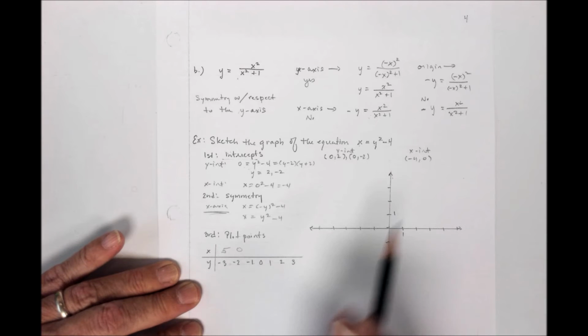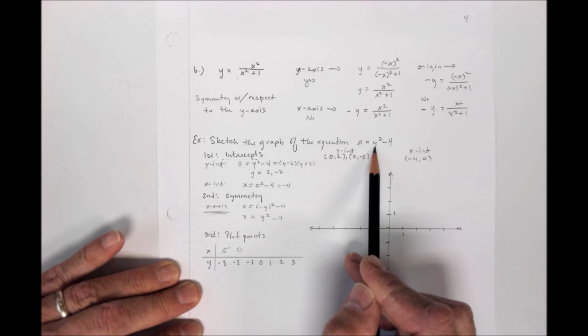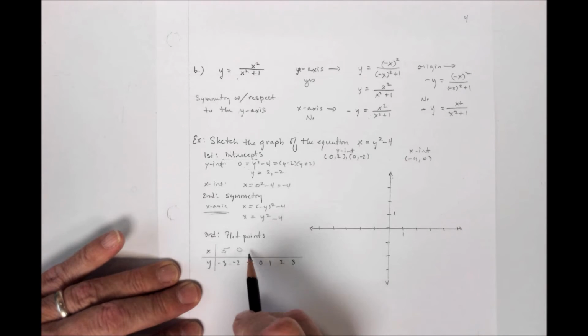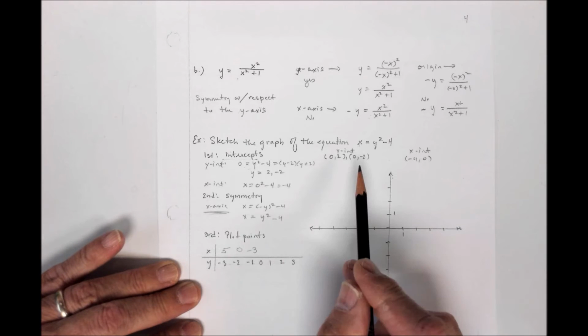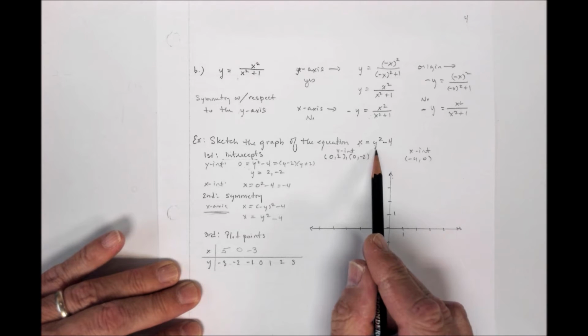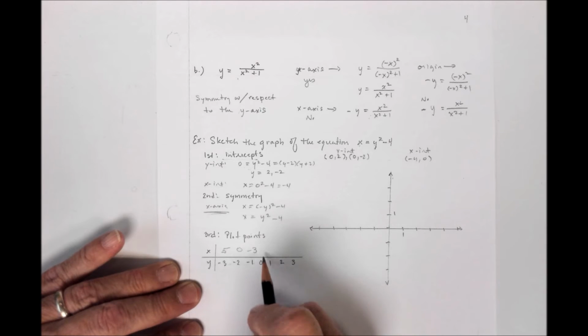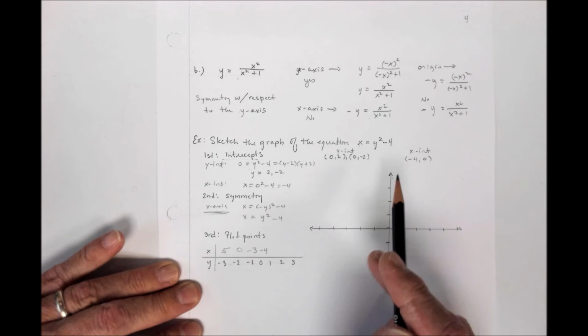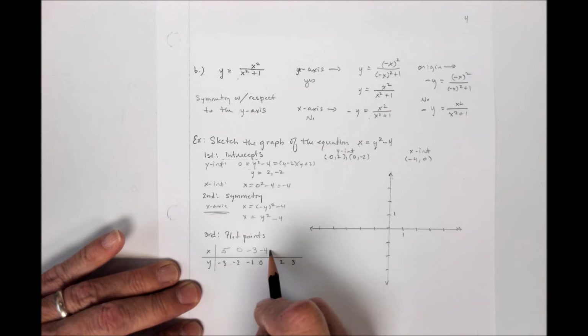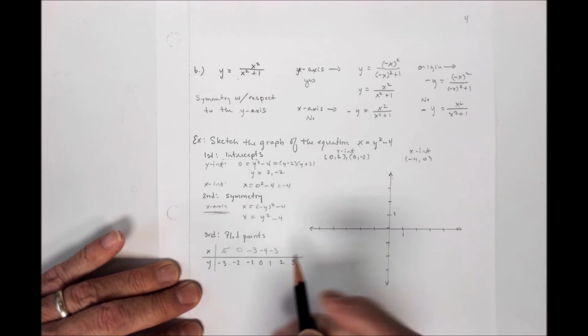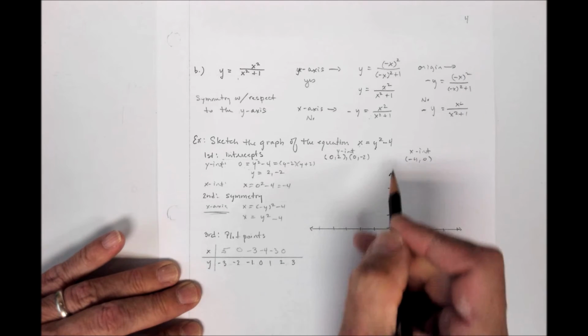If I plug negative 1 in, I get 1 minus 4, which is negative 3. If I plug 0 in, I get x equals negative 4. If I plug 1 in, I get negative 3. If I plug 2 in, I get 0 again. And if I plug 3 in, I get 5.